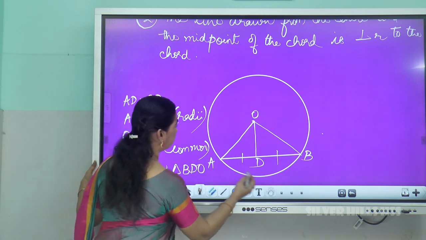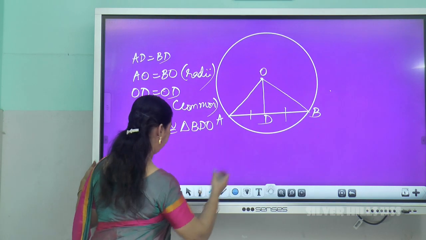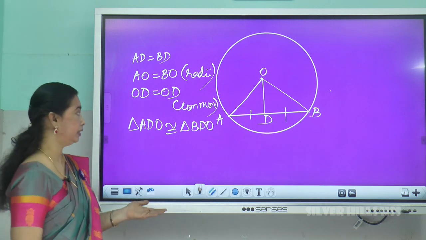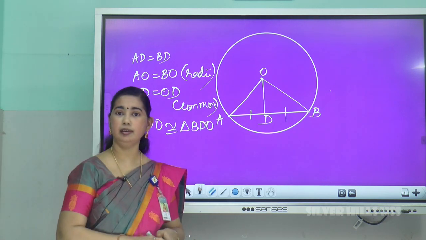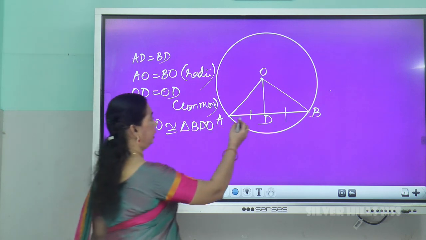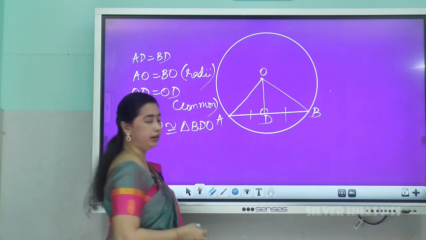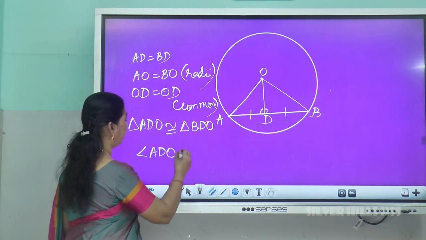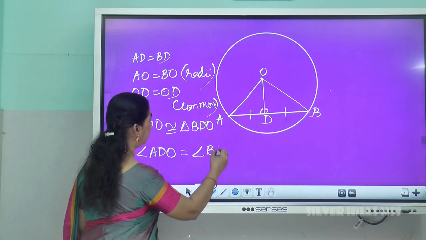So if these two triangles are congruent, what can we say by CPCT? What do you mean by CPCT? Corresponding parts of congruent triangles will also be the same. So we can say that angle ADO will be equal to angle BDO.